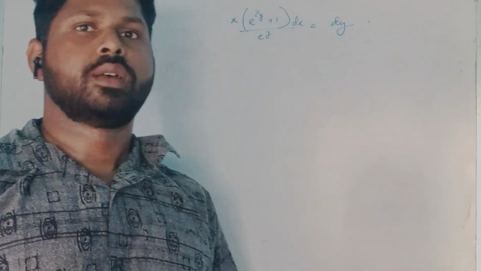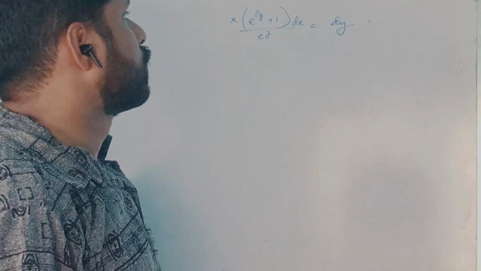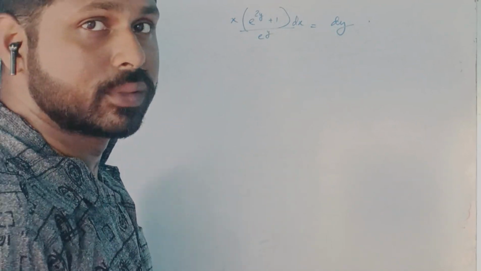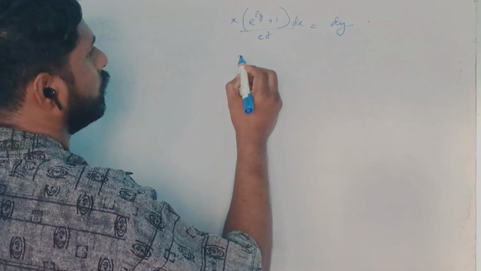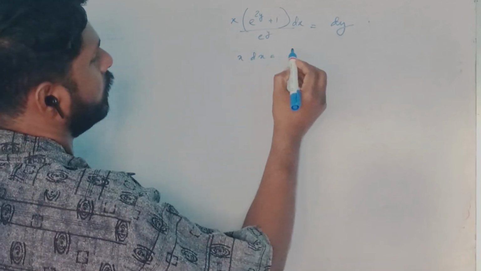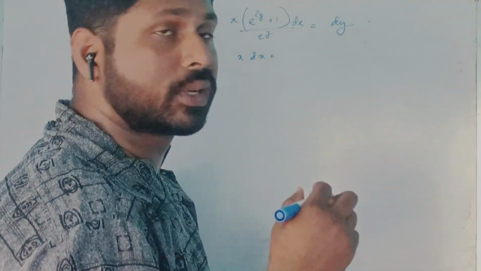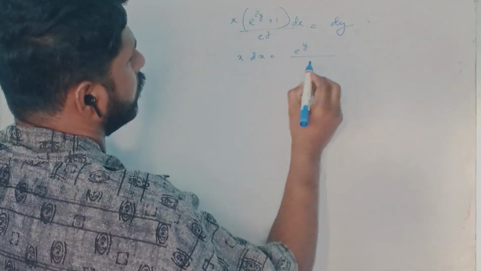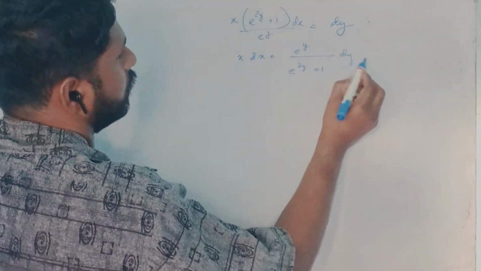Okay, so that's our first sum, which is (e^(2y) + 1) dx by e^y equals x dy. So at first we will separate the variables. We'll keep x to the left and take everything that belongs to y to the right. So it will be x dx equals e^y by (e^(2y) + 1) dy.